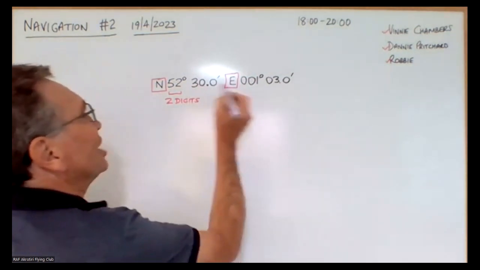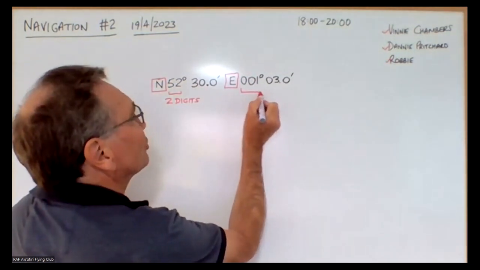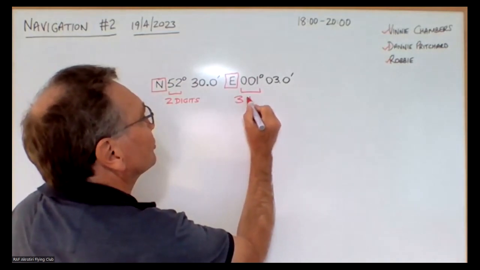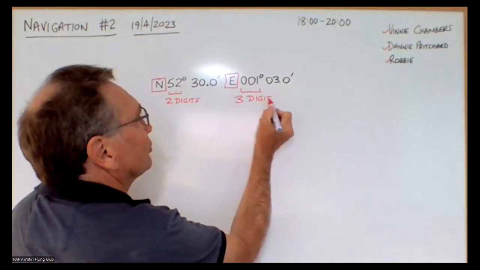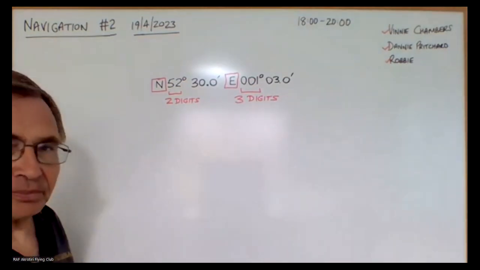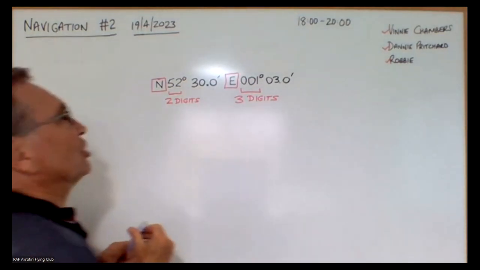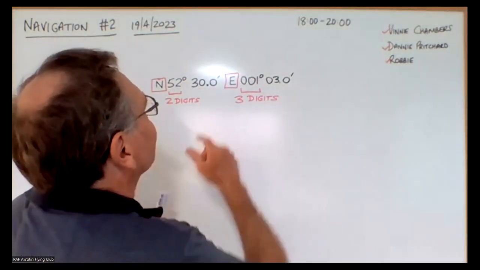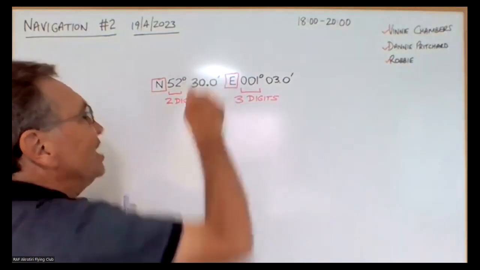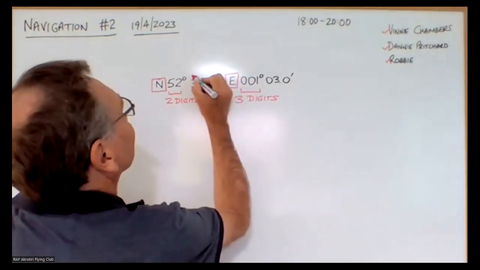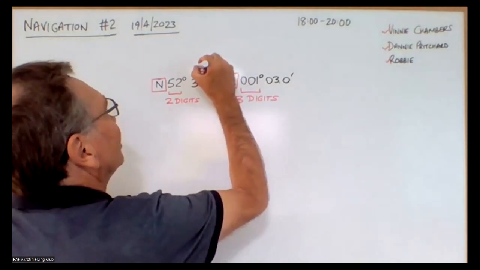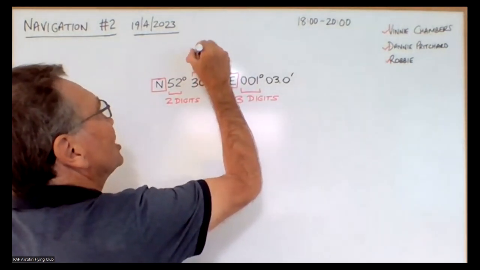And the bit that goes east-west is always 3 digits. The other significant thing is that the minutes here go 0 to 60.